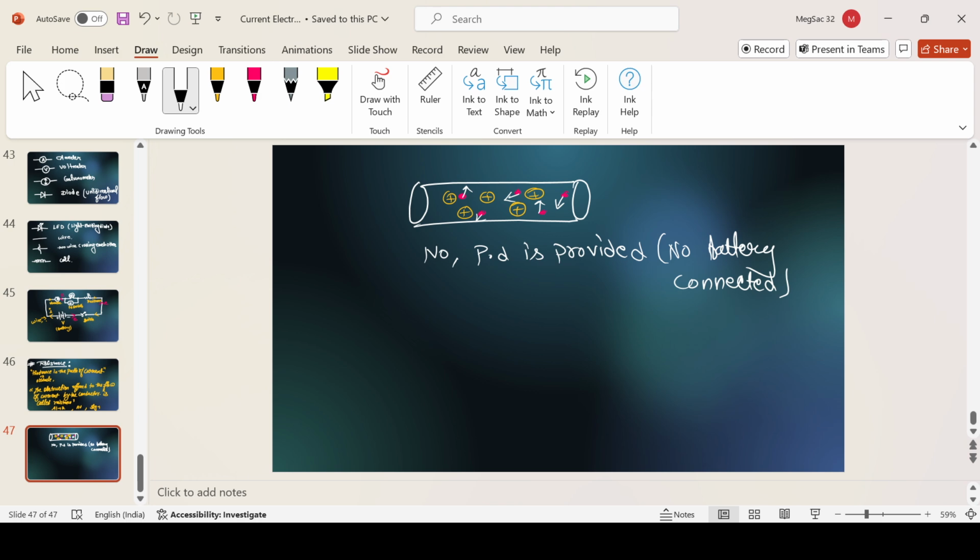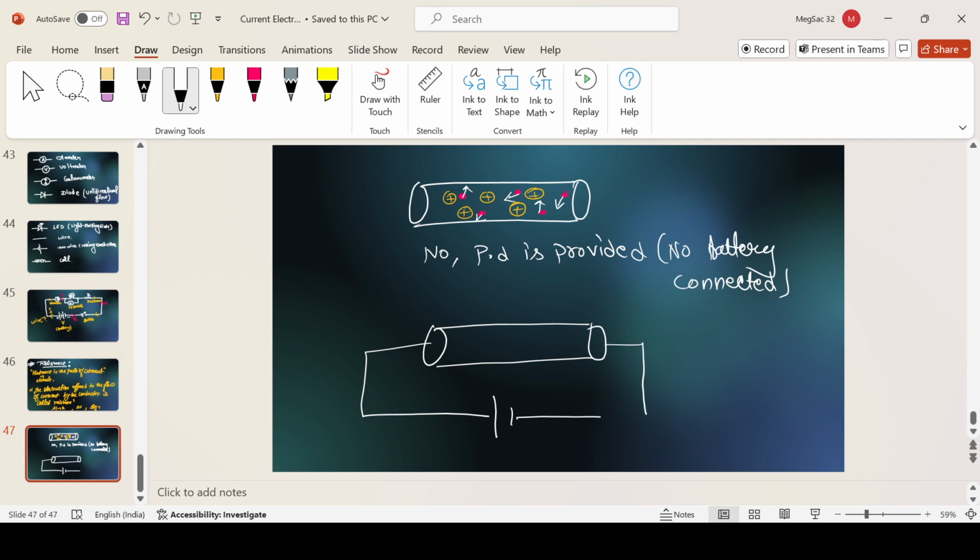As soon as I connect some potential, like positive negative potential, in this, what will happen? Now all these charges will align.